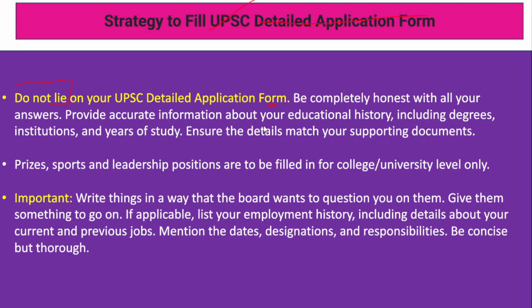Now, when you are answering questions about your educational history, your degrees, your institutions or years of study, be very careful. Provide accurate, clear information, and justify it. For example, a very common question UPSC asks candidates who graduated several years ago is: what have you been doing since then?